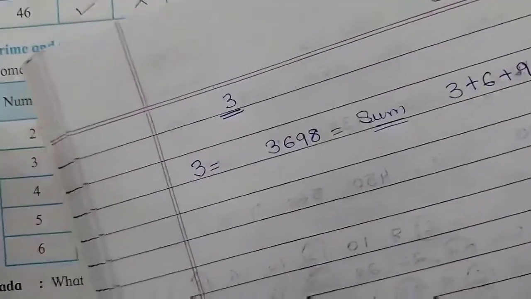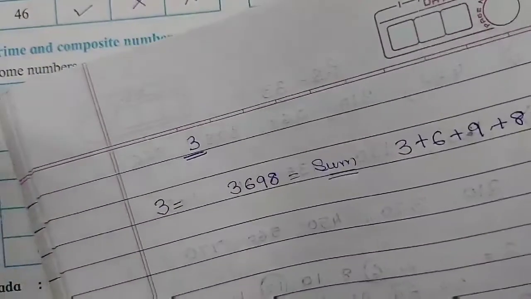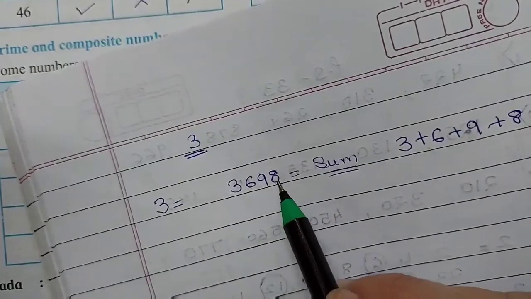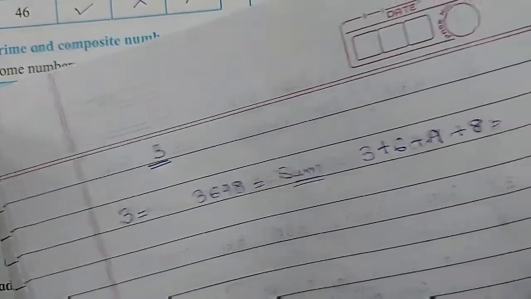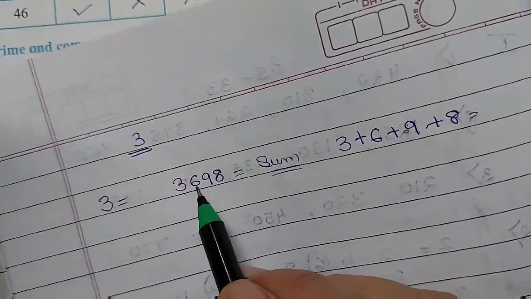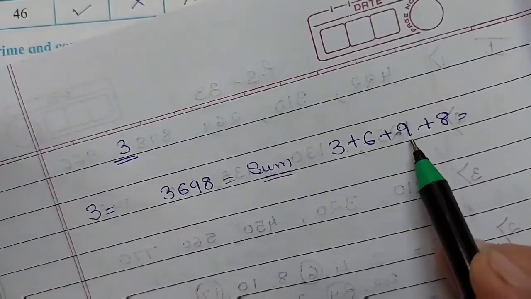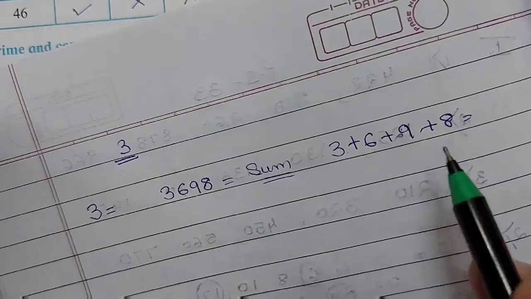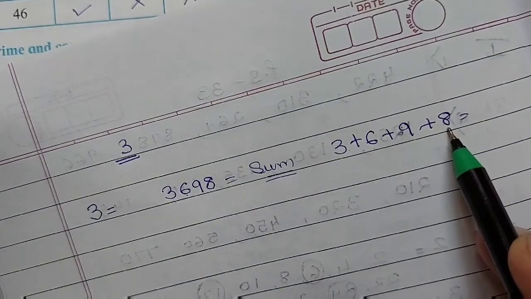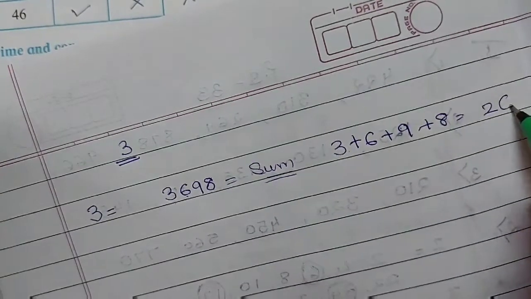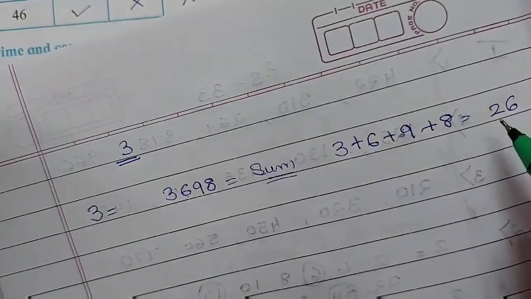Did you understand what I said? 3 plus 6 is 9, 9 plus 9 is 18, and 18 plus 8 is 26.